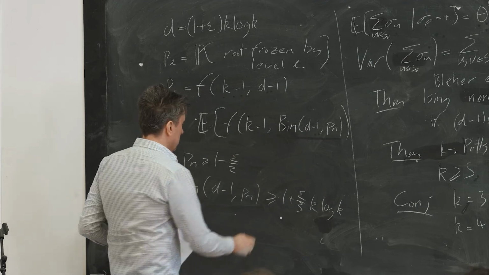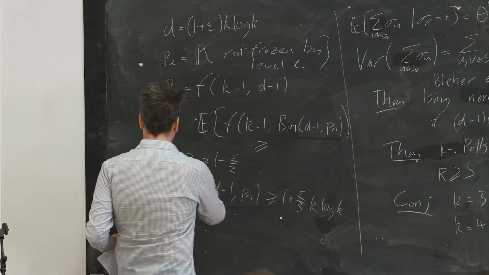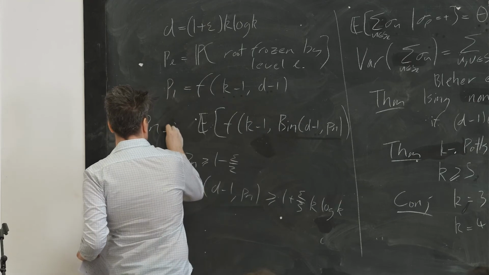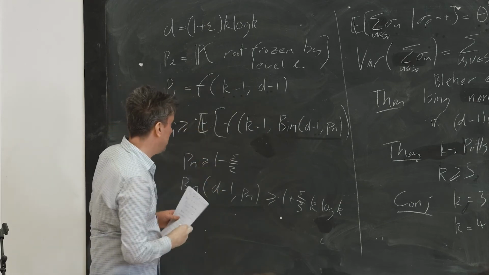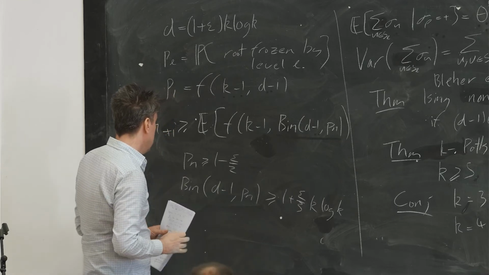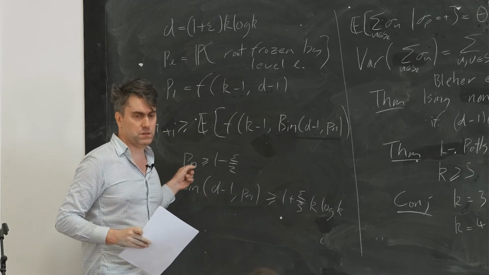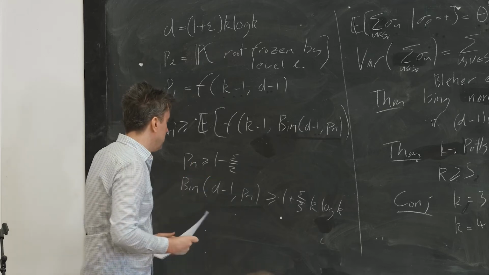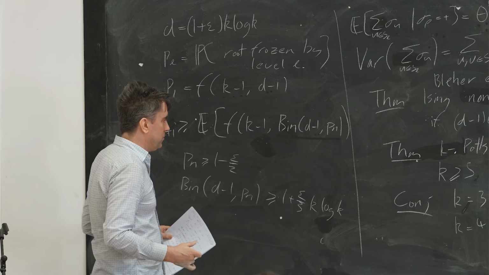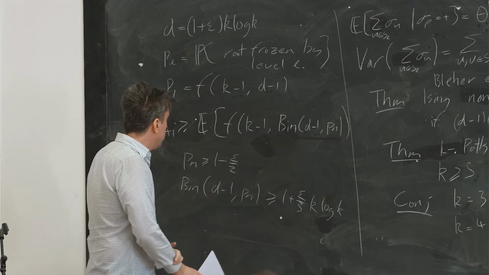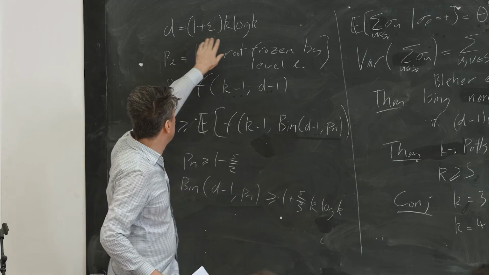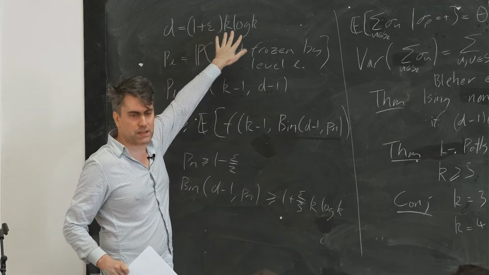So we'll be able to inductively show that, oh, sorry, I meant P_(n+1). So like a recursion in P_n. And so inductively, you'll get that P_n is always greater than or equal to 1 minus epsilon over 2, as long as we're above (1 plus epsilon) k log k.